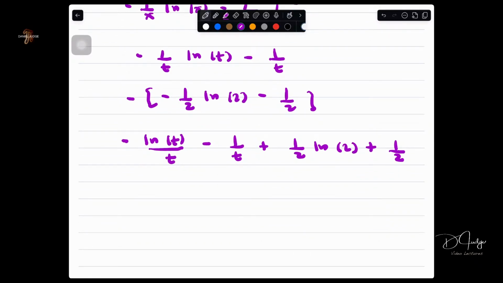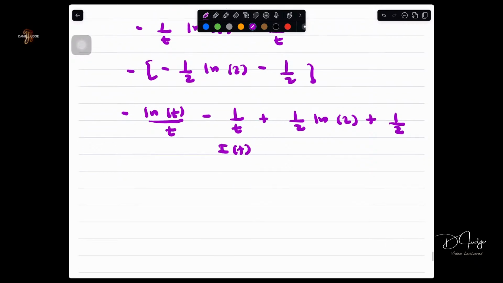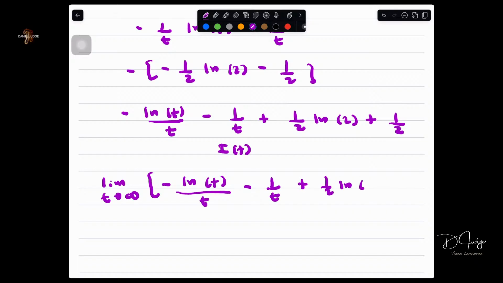Okay. We're going to have to take the limit as t goes to infinity of minus natural log t over t minus 1 over t plus 1/2 natural log 2 plus 1/2.